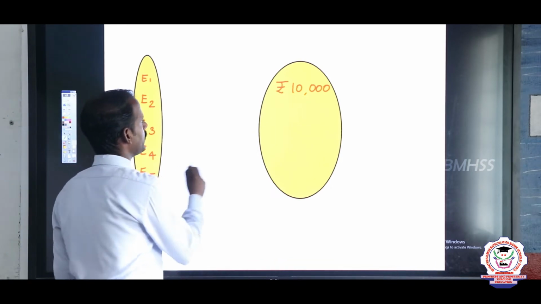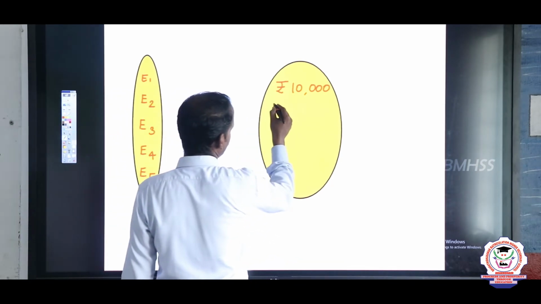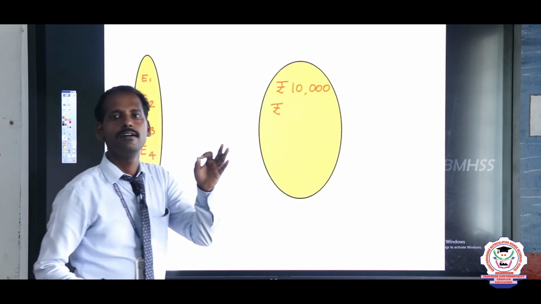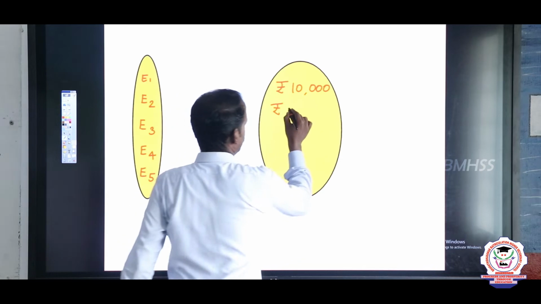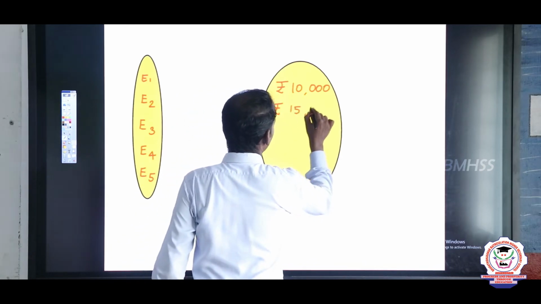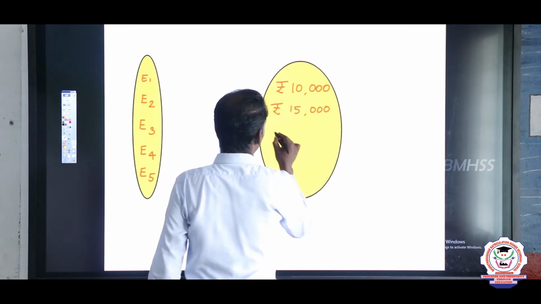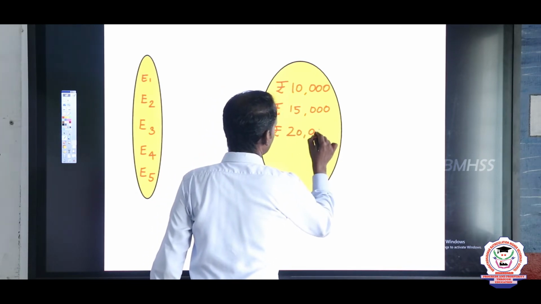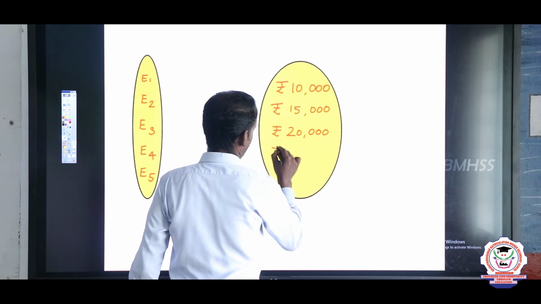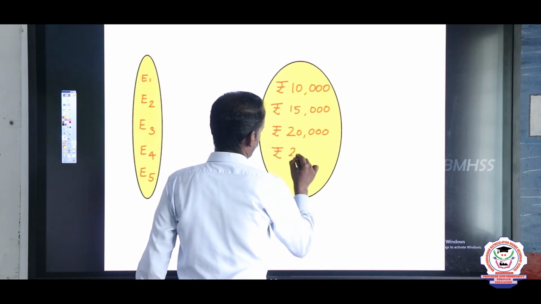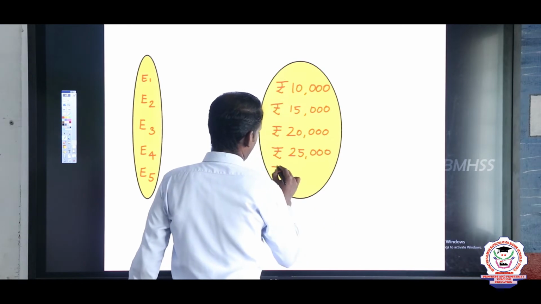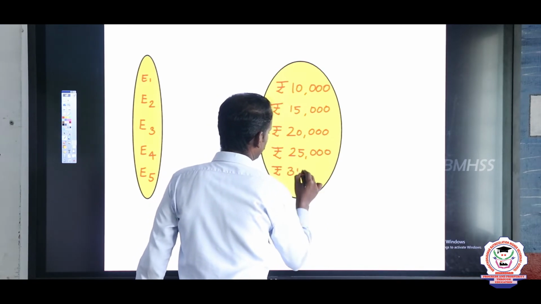Then the other employees get 5 different salaries: 15,000, 20,000, 25,000 and 30,000.